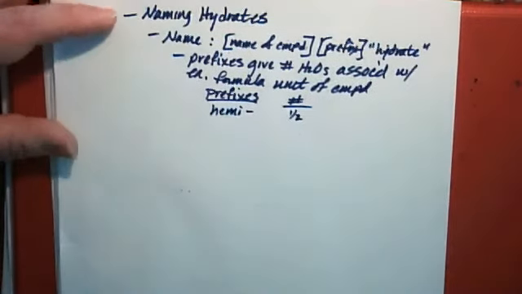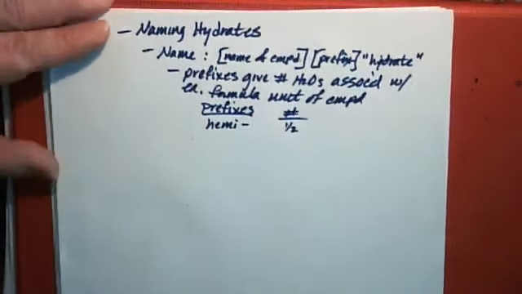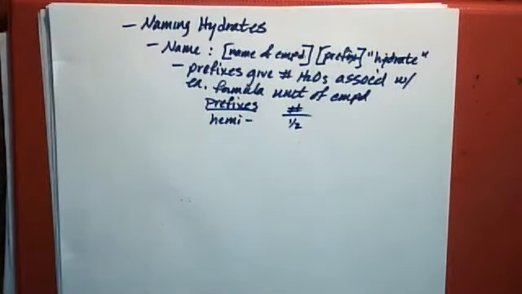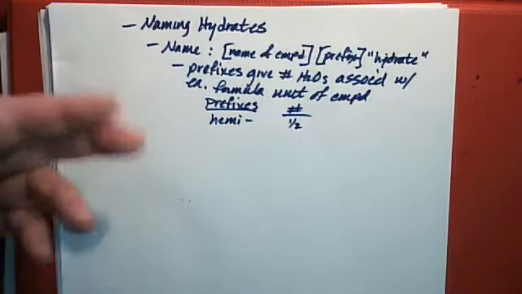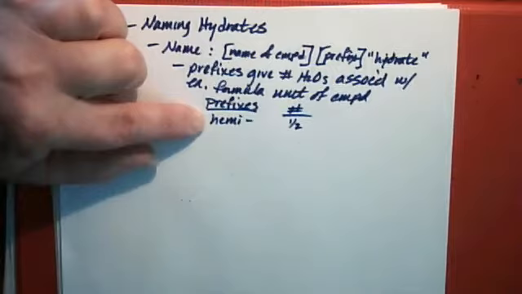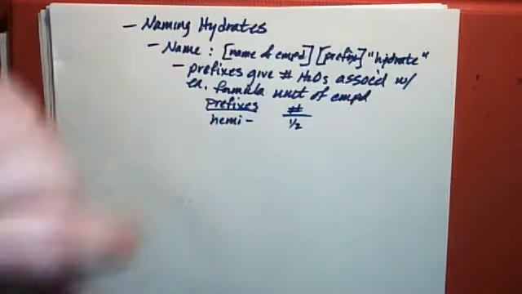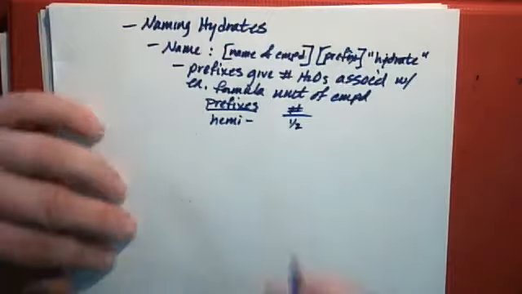First of all, hemi means half. And you might wonder, how can a formula unit have half a water molecule associated with it? You know, either you have a water molecule or you don't. If you cut it in half, it's not water anymore. But the answer is that this just means that that water molecule would be shared by 2 formula units of the compound.